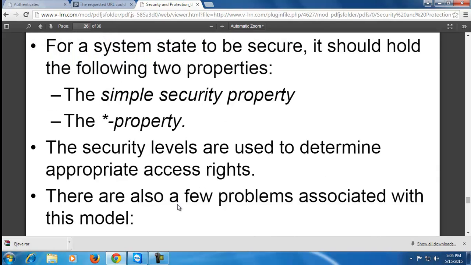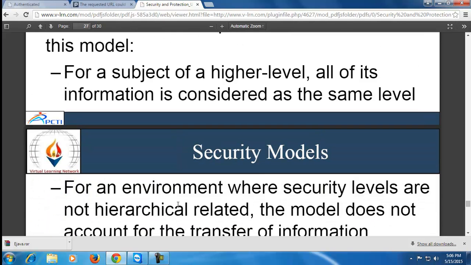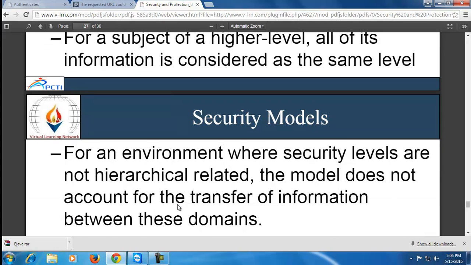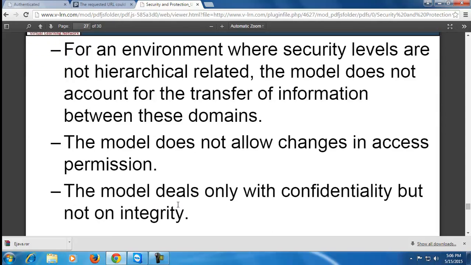There are also a few problems associated with this model. First, for a subject of a higher level, all of its information is considered to be at the same level. For an environment where security levels are not hierarchically related, the model does not account for the transfer of information between these domains. The model does not allow changes in the access permission set.